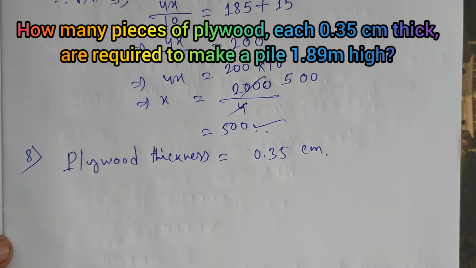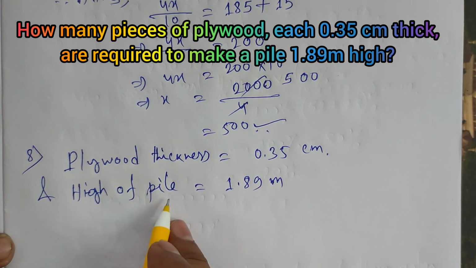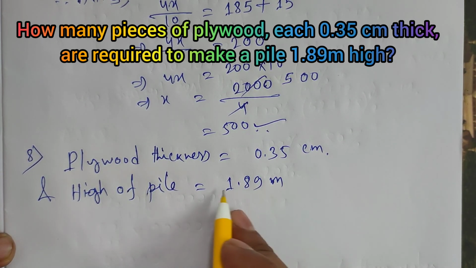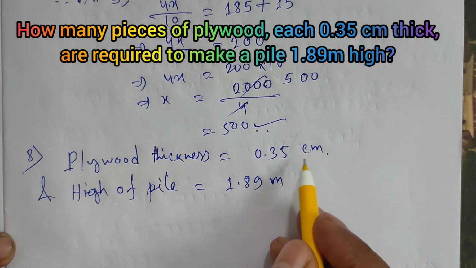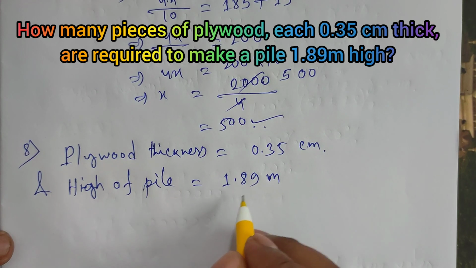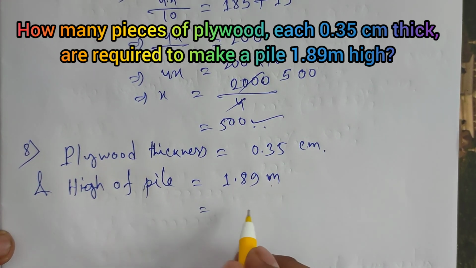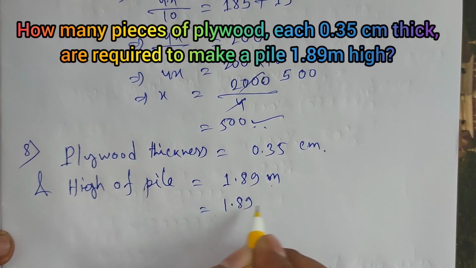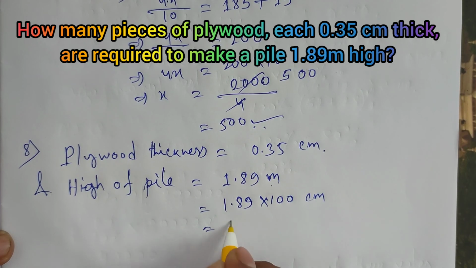So plywood thickness is here 0.35 centimeter, and height of pile equal to what? 1.89 meter. But here is a different unit, so we need to change one unit. We are transferring meter into centimeter. So meter into centimeter means we need to multiply by 100. 1.89 multiply by 100, it will be centimeter. So what will be 189 centimeter.